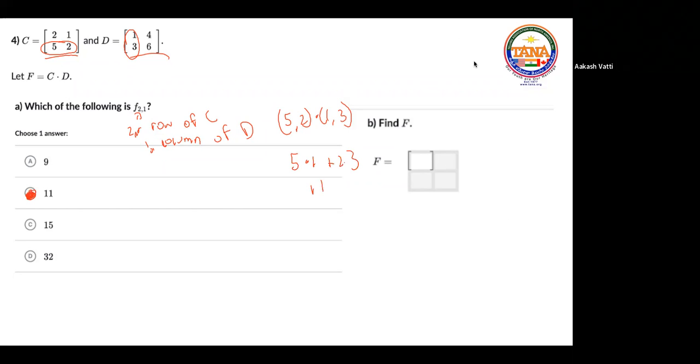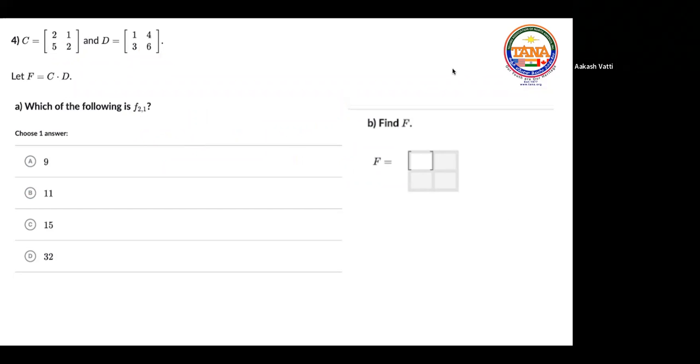For the entire matrices, again, the first thing you do is label the rows and columns. So you have C of 1, C of 2, D of 1, D of 2. And the general formula again: C of 1 times D of 1, C of 1 times D of 2, C of 2 times D of 1, C of 2 times D of 2.